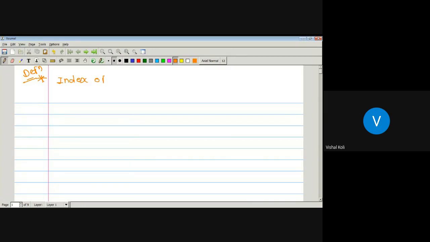First, see what is the index of a curve.